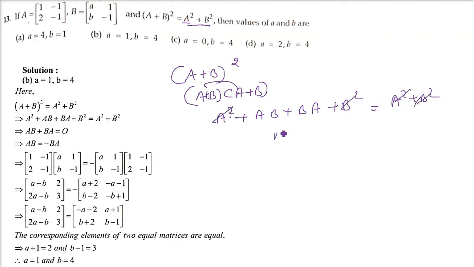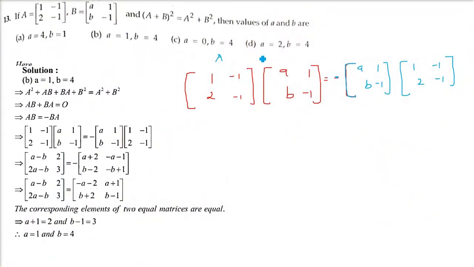So AB plus BA is equal to 0. So AB is equal to minus BA. So we will multiply A and B, this A is A, this is B, and then we will multiply B and A. We will equate but with a negative sign.